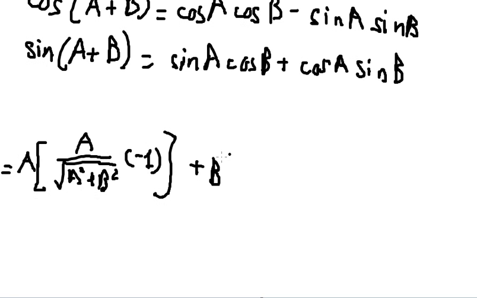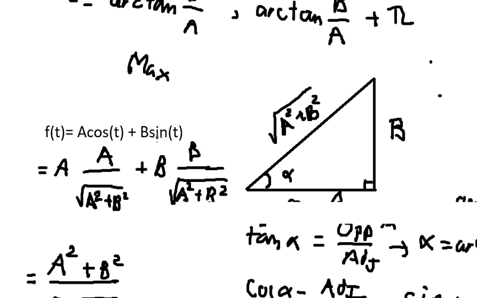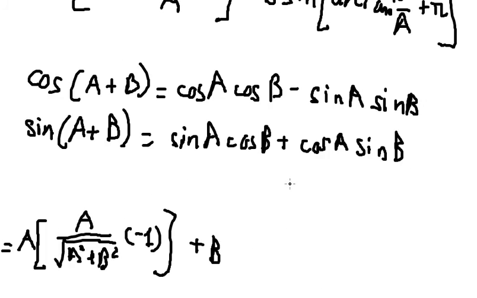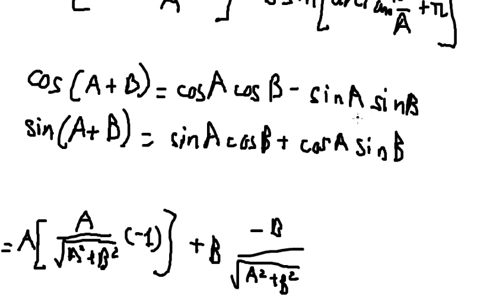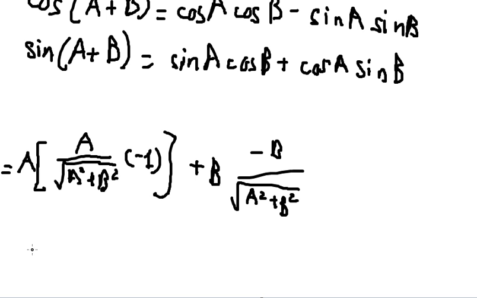Sine with arctan is this one, and we have negative b over the square root of a square plus b square. Because sine of π is number 0, if we simplify, we have negative the square root of a square plus b square.